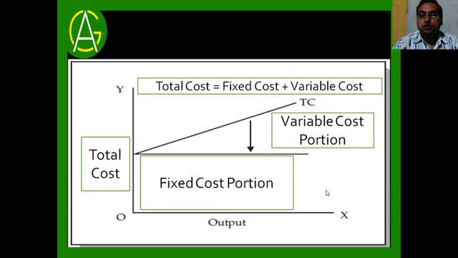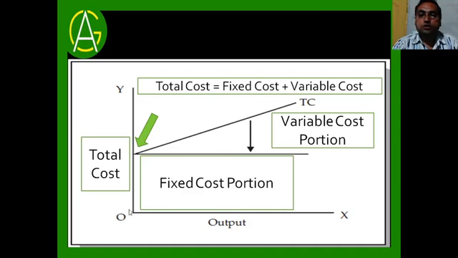But do remember that the total cost curve will always start above the fixed cost portion. Once again, the total cost curve will always start from above the fixed cost curve. Why?